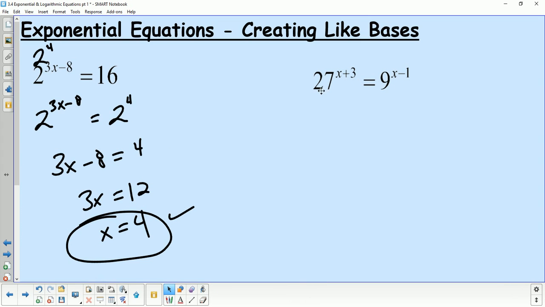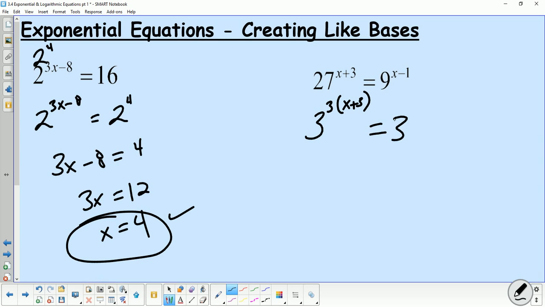Here, this is another example where actually both of them need to be rewritten. You can't make 27 a base of 9, but we can make them both a base of 3. So 27 will be 3 to the 3rd, and then we're going to need to write that x plus 3 in parentheses there. And 9 is going to be 3 squared with your x minus 1 in parentheses there.